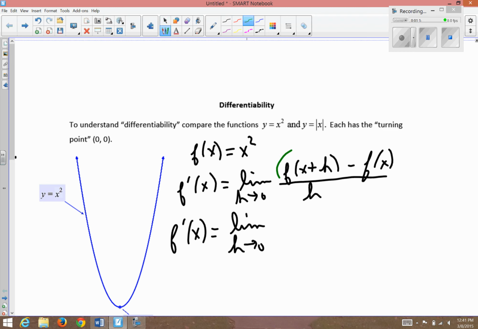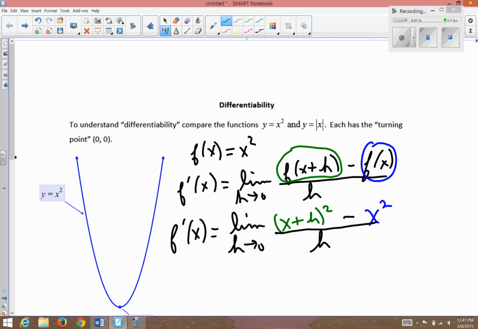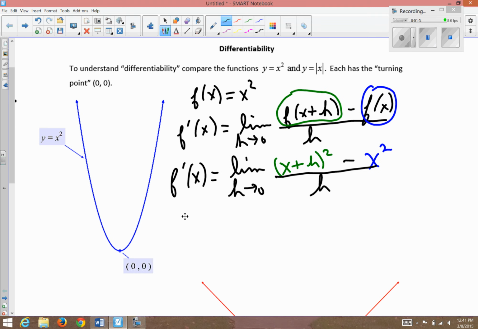The given function with x plus h in place of x. Instead of x squared, it's x plus h squared, minus f of x means simply the given function, so the derivative of the blue function is the limit as h approaches 0.